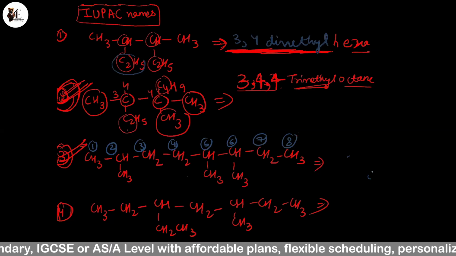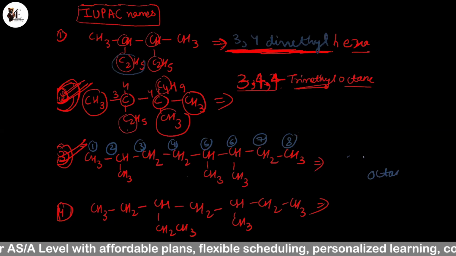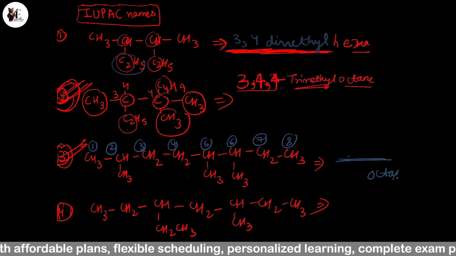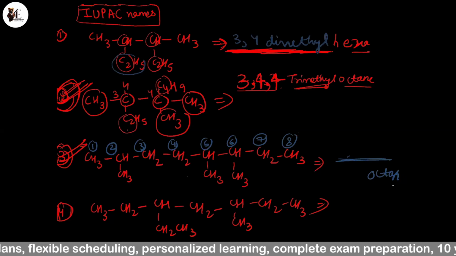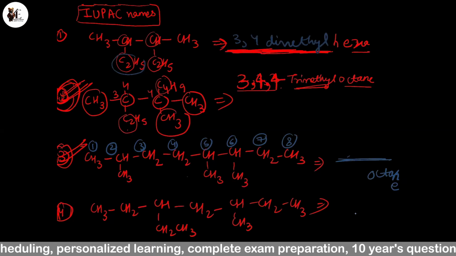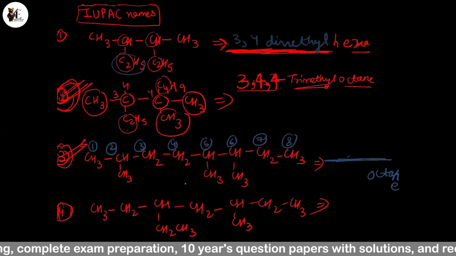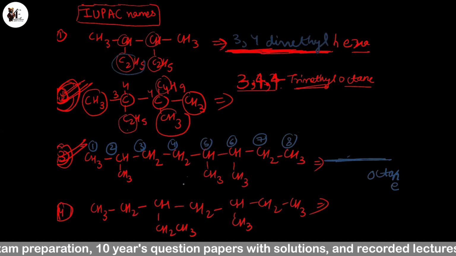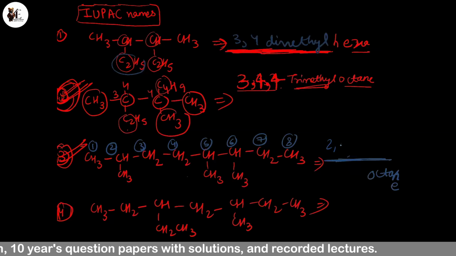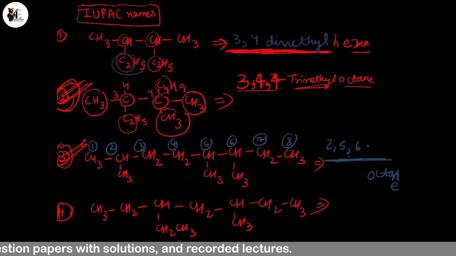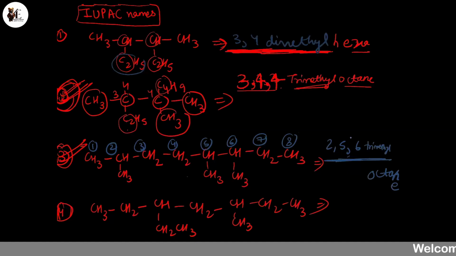Now it is very easy. It is octane. What should come here in the prefix of octane? Yes, Shama, tell me. 2,5,6. Dimethyl. Yes, very good. 2,5,6 dimethyl octane is the correct IUPAC name of this compound.